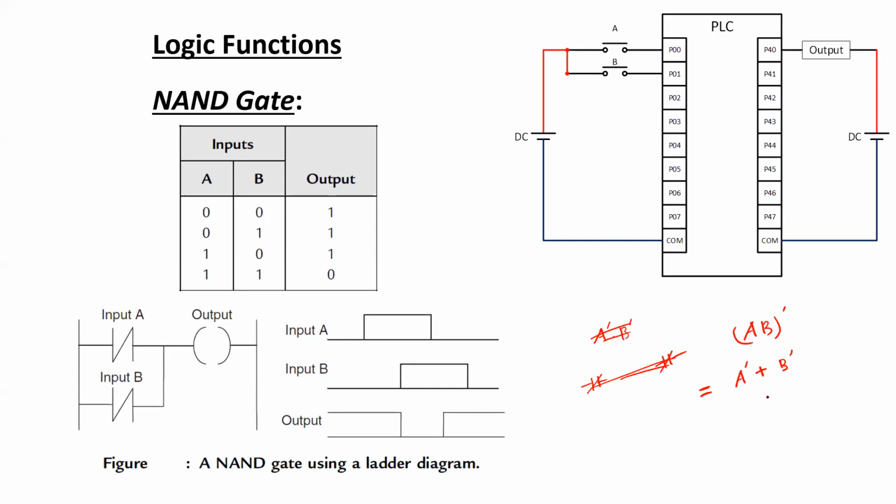So now it's more logical, because you are having two normally closed contacts, and if they are related by a summation, which means OR logic, then you can put these two normally closed contacts in parallel and connect them with the output coil, and that is supposed to be representing your NAND gate.